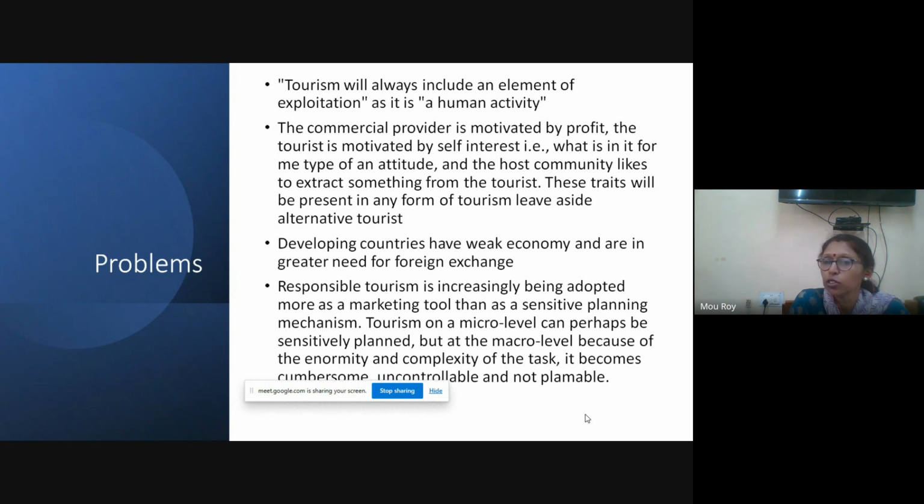That should be taken care of. Tourism on a micro level can perhaps be sensitively planned, but at the macro level, because of the complexity of the task, it becomes a very cumbersome and uncontrollable job. That has to be taken care of.